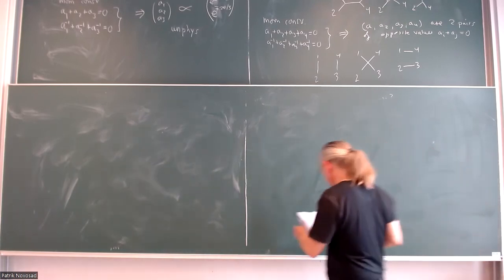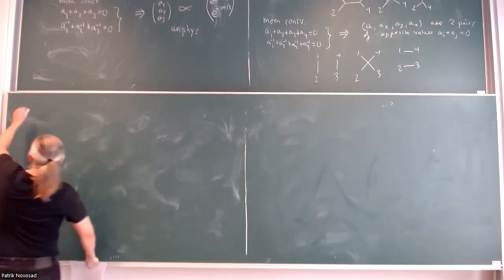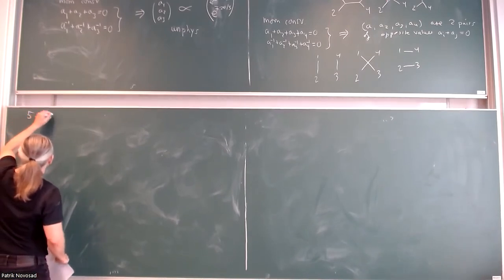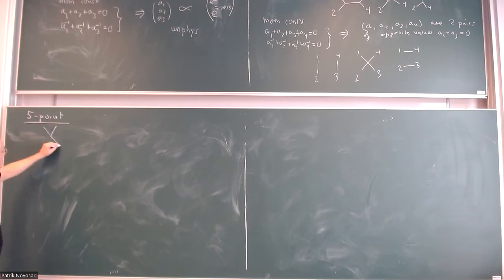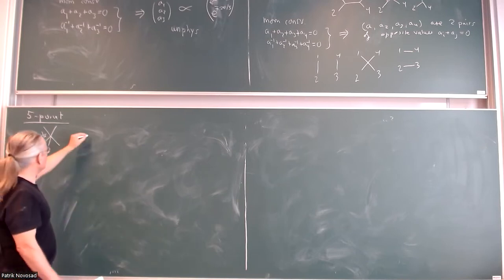Okay, so now let's do 5 point. What diagrams can we have for 5 points? So I guess there will be lambda 5. And what else?